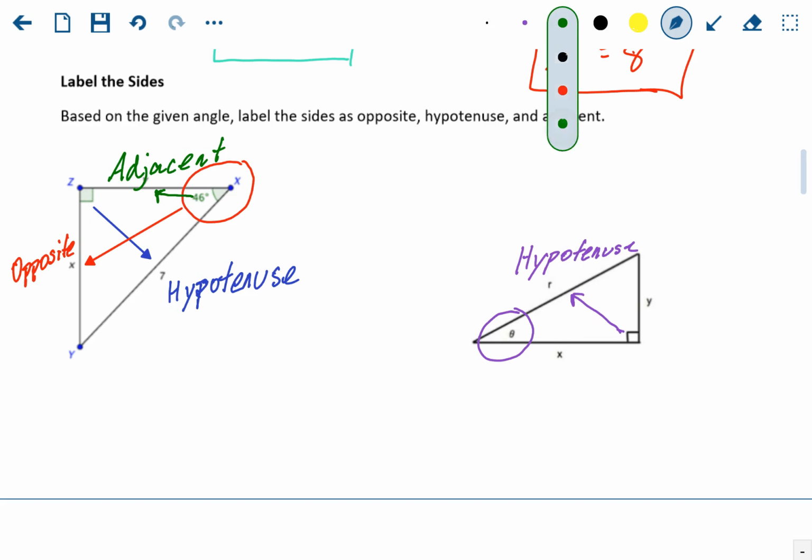Directly across from the marked angle, or again directly opposite of the marked angle, is the opposite side. And then whatever's left over, you got three sides of a triangle, whatever's left over is always going to be adjacent.